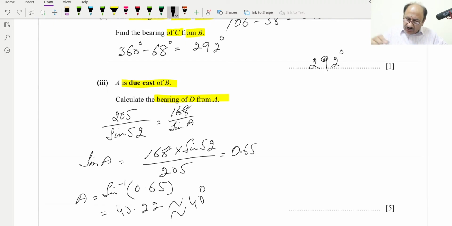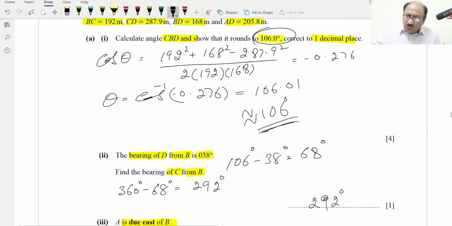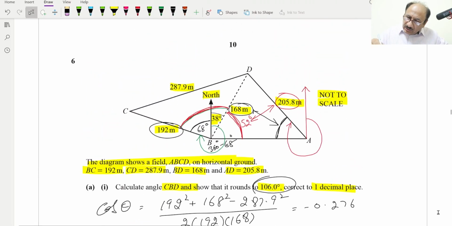Now this 40 degrees angle is which one? The 40-degree angle we found is this one. Now the remaining angle starting from here up to this one is 270.